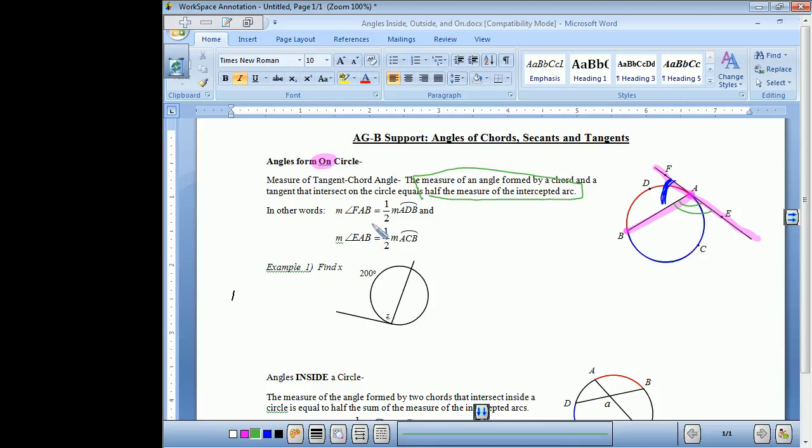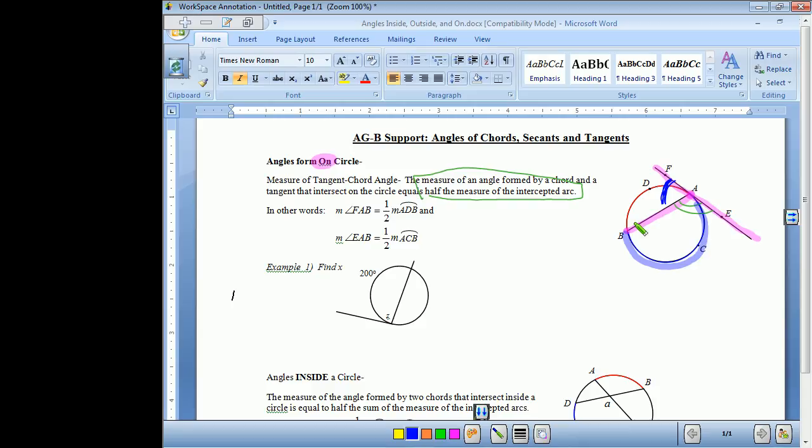Half the intercepted arc. So FAB is half of this arc. And then EAB is half of that arc. That's the same as what we did yesterday. It's half, just like an inscribed angle was half.